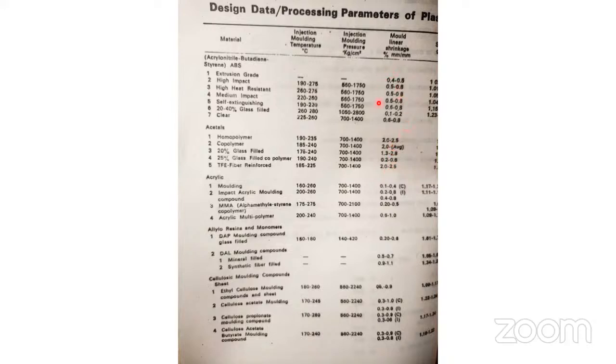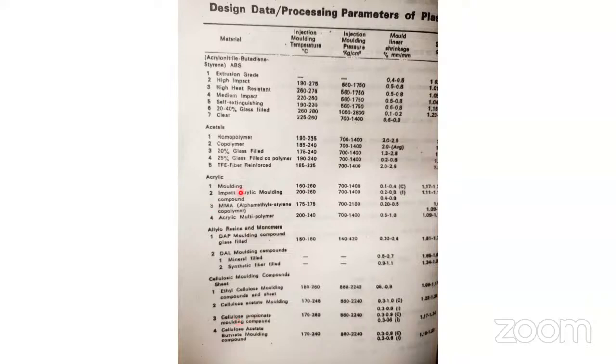If you see here shrinkage lower, but here shrinkage higher. Because it is a crystalline polymer, and due to that, if you want a 3 mm diameter, you should see the shrinkage of this Delrin, and you have to design the mold that way.